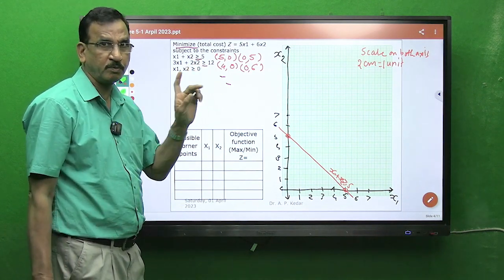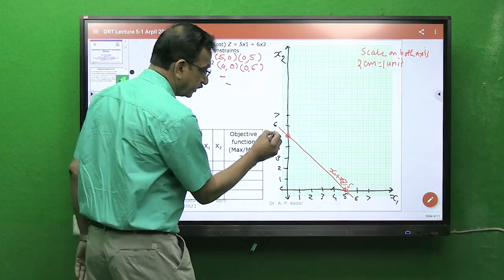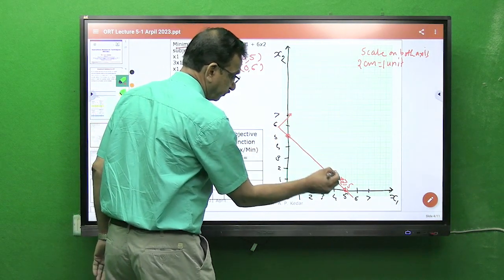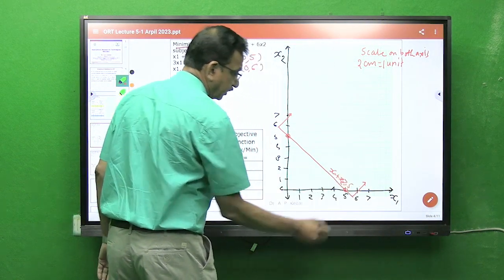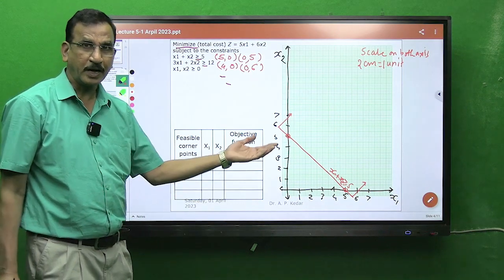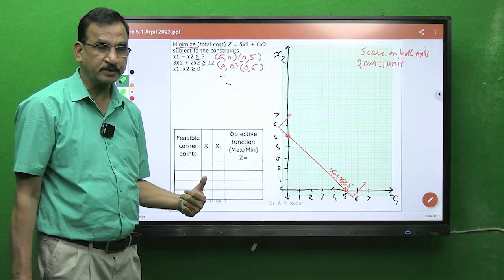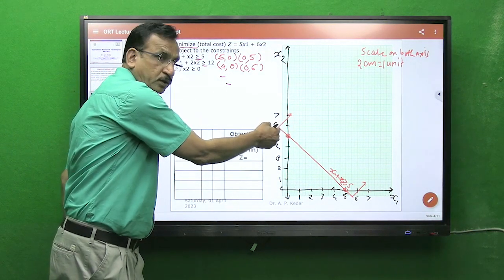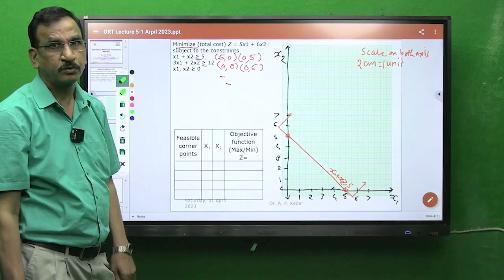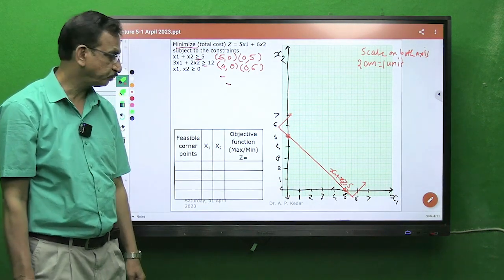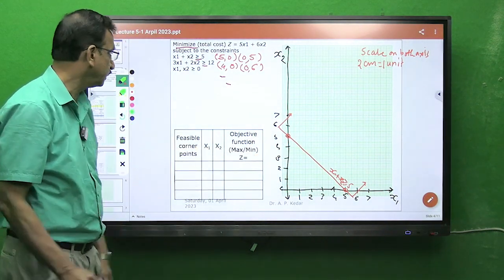Similarly for x2, minimum value will be 5, and to indicate that minimum value is 5, I have to give direction like this. If you recall, in last problem of maximization, we had the arrow in opposite direction to satisfy that particular condition. So hope this is clear.